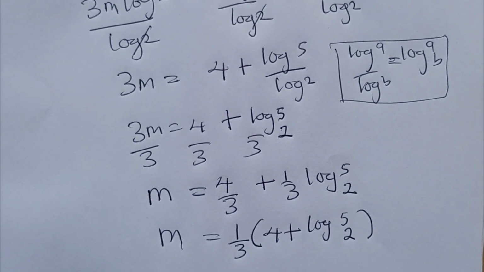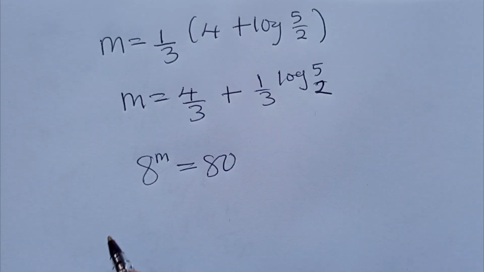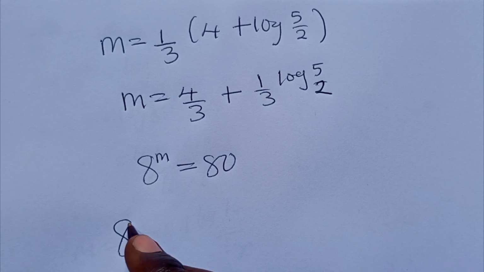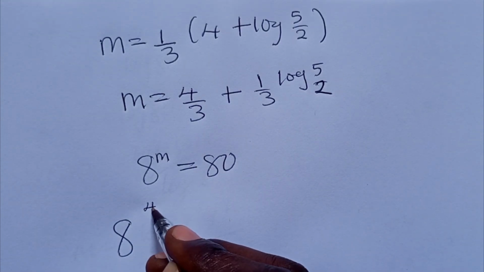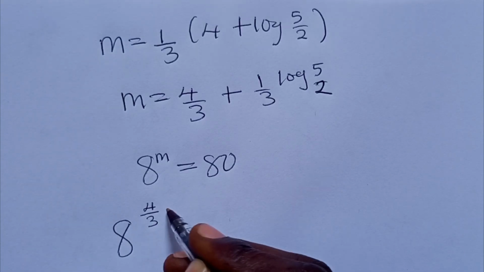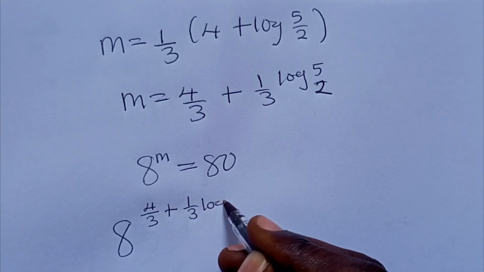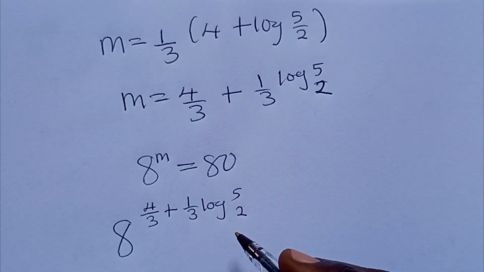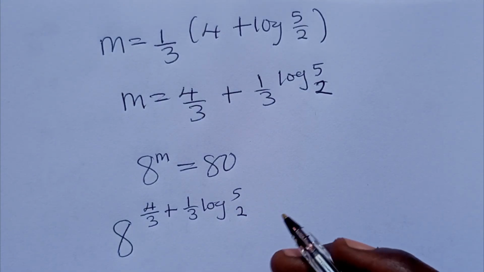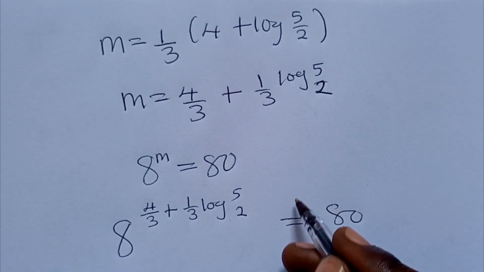Let's check if it's correct. So this is our value of m. Let's substitute it here and see if we get 80. So now a to the power of, let's use this as our m, 4 over 3 plus 1 over 3 log 5 base 2. Is that going to be equal to 80?